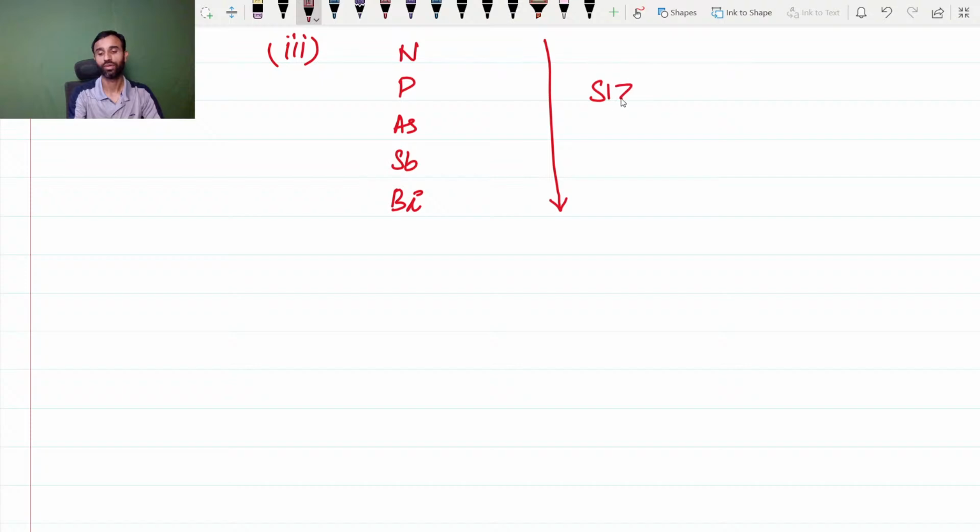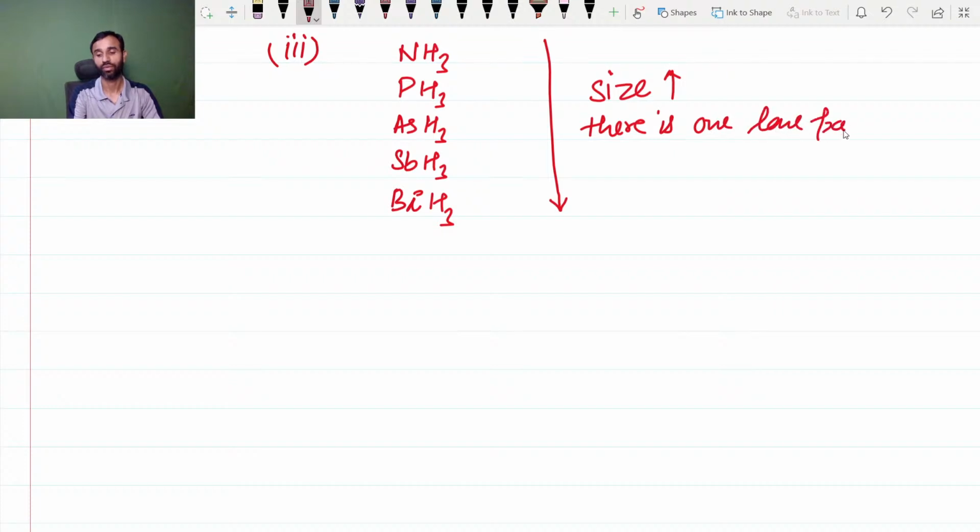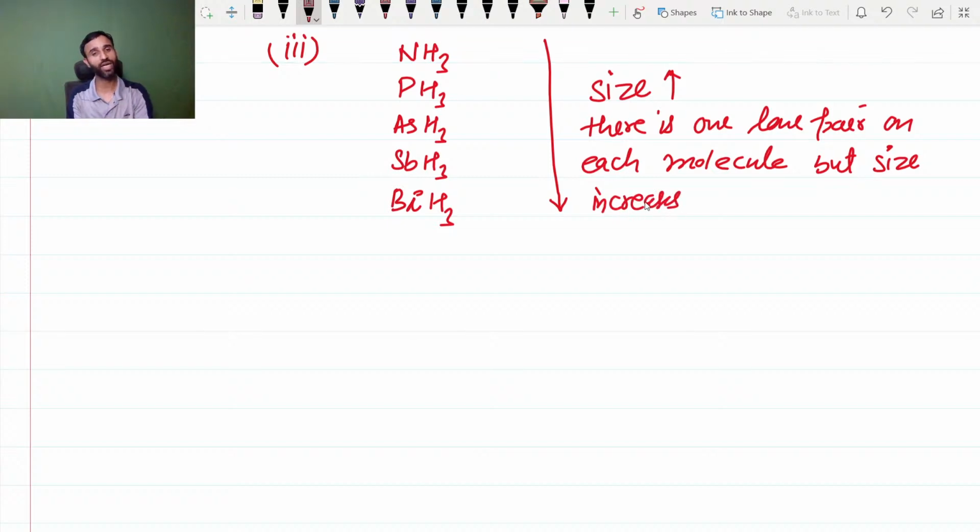Down the group, again size increases, and in NH3, PH3, AsH3, SbH3 or even BiH3, there is one lone pair on each molecule, but because the size of the central atom increases, the overall size of the molecule increases.